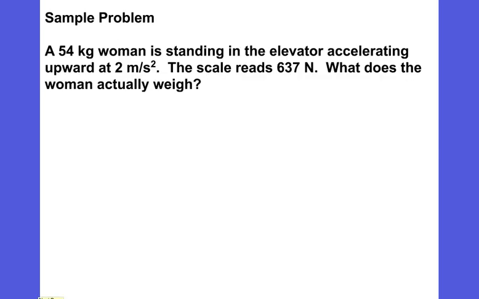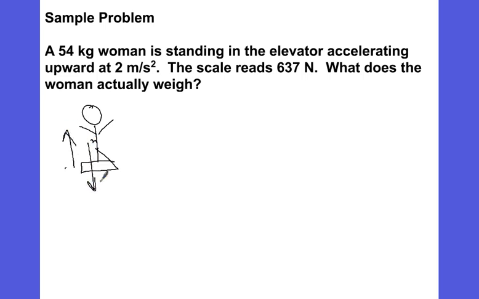All right, the last sample problem: a 54 kilogram woman is standing in an elevator accelerating upward at 2 meters per second per second. The scale reads 637 newtons. What does the woman actually weigh? So here we have a woman standing on a scale. The scale pushes upwards on the woman.